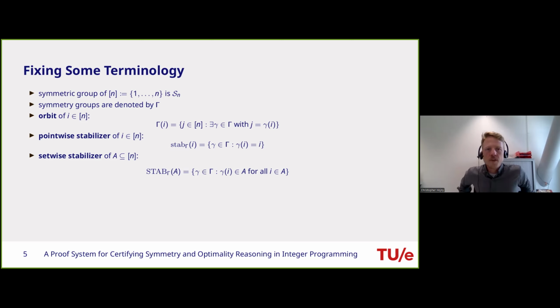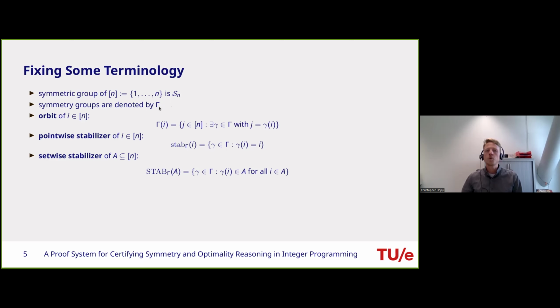For deriving this, I also want to introduce some additional notation. With [n] in brackets, for the sake of convenience, I denote the first n natural numbers. The symmetric group of this set is in the following denoted by S_n, so all the permutations of the set of the first n natural numbers.